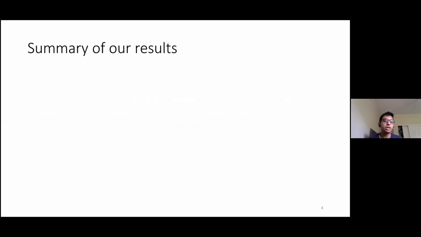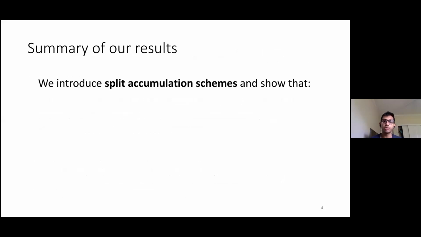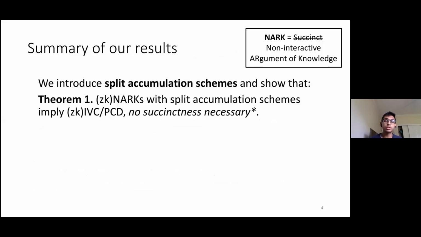Okay. So to summarize our results, what we achieve in this paper is we introduce a new cryptographic primitive called the split accumulation scheme. And we show that you can construct IVC from a zero knowledge non-interactive argument of knowledge, no succinctness, as long as that non-interactive argument of knowledge, or NARK, has a split accumulation scheme, right?